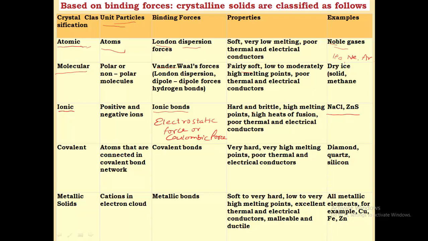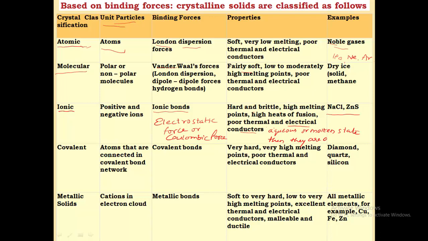Another point to remember here is that these are poor thermal and electrical conductors, but this property is exhibited only if they are present in solid state. If they are present in aqueous solution or in molten state, then they are good conductors of electricity.